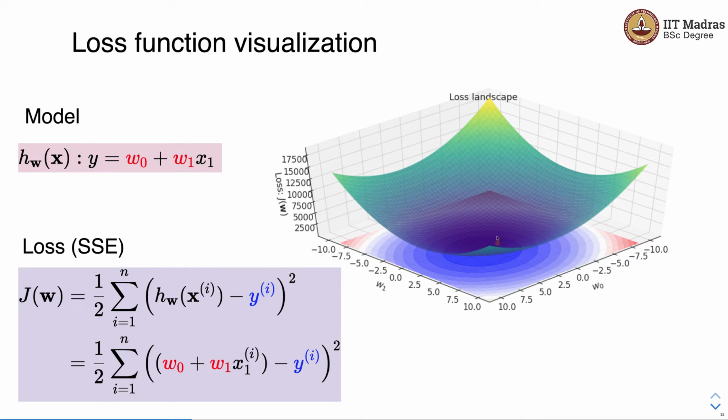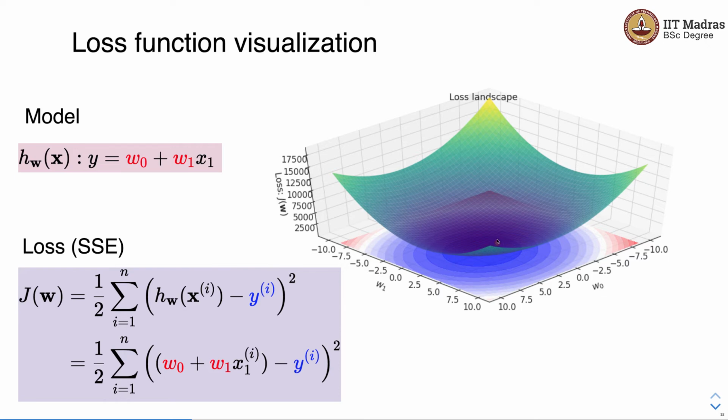So this is a loss landscape or loss surface, and this surface is a bowl-shaped surface. And a good property of this surface is that it has a single minima, a single minima which corresponds to the values of w0 and w1 such that the loss is the least among all the values. That is the minima, and that is the desirable point, right?